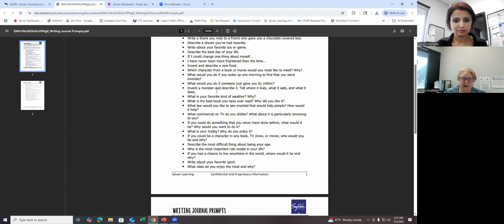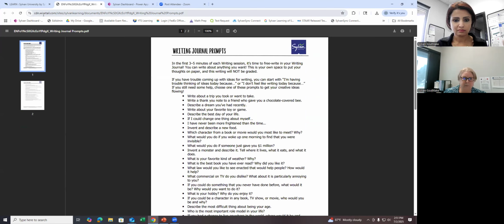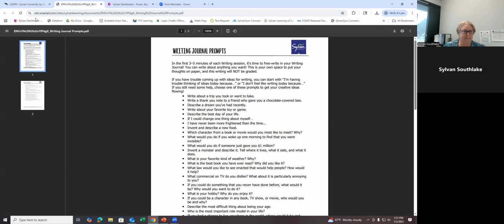What you do with that is you have them write, and there is a place on the iPad to push a button at the very first 3 to 5 minutes. And what we do is we have them highlight the prompt, and then we have them date what they write about it, and they need to write at least 3 to 5 sentences. If they're older, they probably can do more than that.